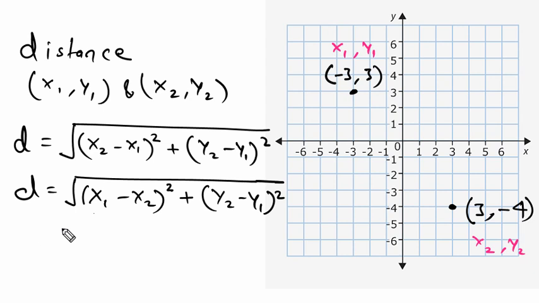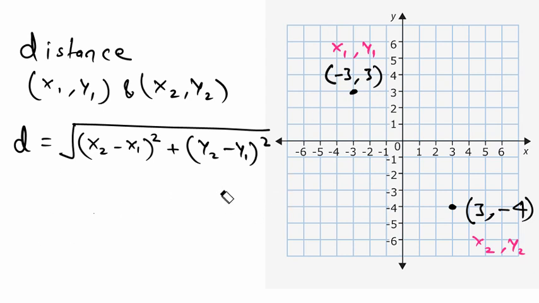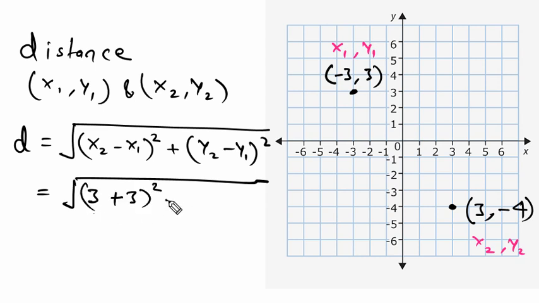Now let's try this. Let me just remove one. Okay, good. Now how will we do it? Square root of x2 is 3, x1 is -3, so 3 minus -3, and minus minus will be changed to plus.